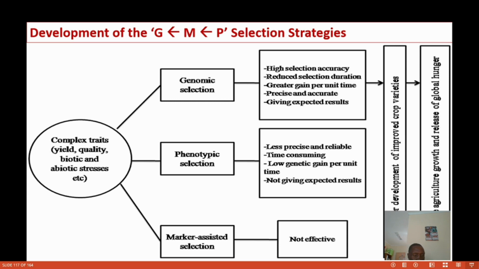That's a long time in the life of a breeder. Genomic selection is much shorter. You can create gain per unit time that is greater. You can have precise and accurate genetic gain, and it gives the expected results.